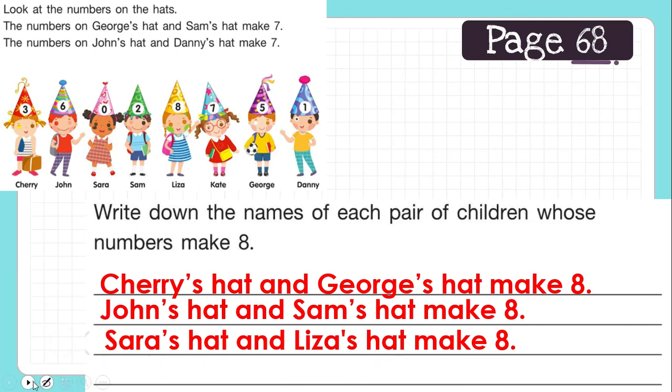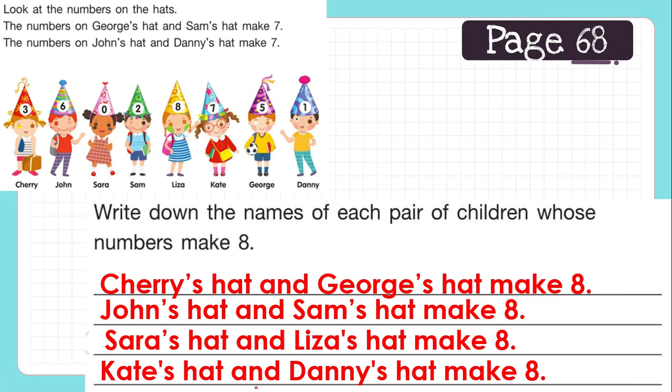Next, and the last one, we have Kate's hat and Danny's hat make 8. Let's take a look at Kate. Where is Kate? There you go, 7. And we have here Danny. How many is that? 1. So 7 plus 1 equals 8. Okay, so it's correct.